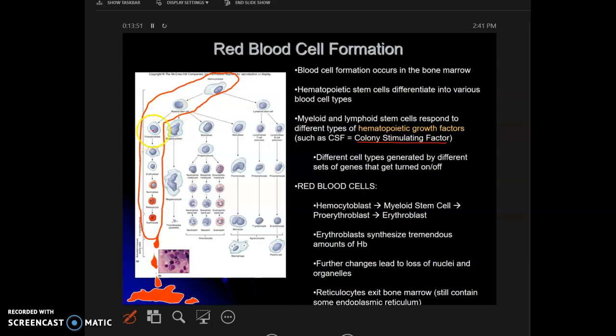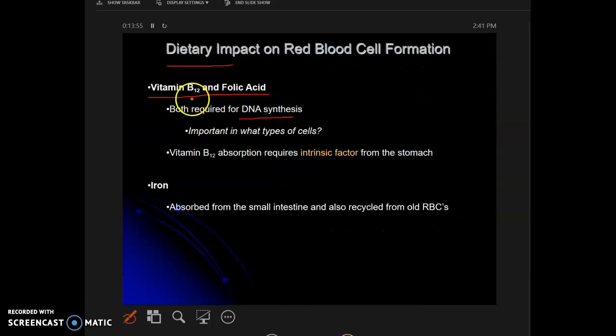DNA duplication. For DNA duplication, what do we need? What did I just say? We need B12 and folic acid. Those who are vegetarian will automatically have low B12 unless they take proper nutrients or supplements, and they will be anemic. So if you are a vegetarian, you need to take extra B12.